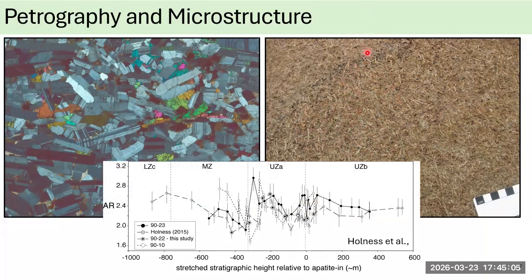And Marian was looking at some different drill cores around Skaergaard, and what she figured out is that in this middle zone, upper zone A, there is a big peak in aspect ratio, so how elongated a crystal is, in this area that corresponds with the presence of these trough layerings.